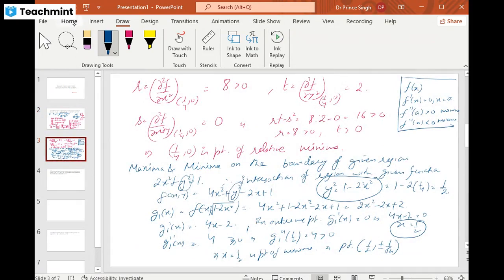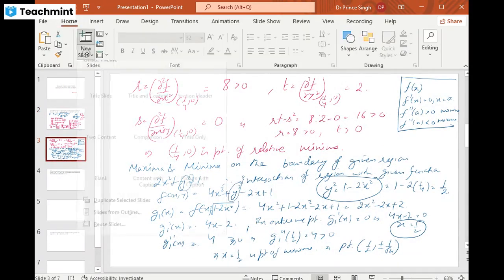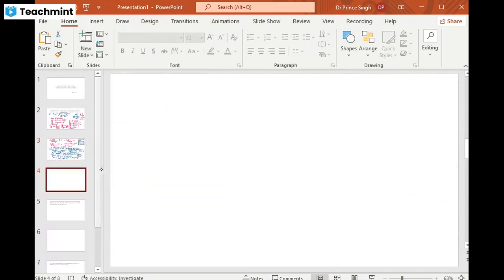Now, apart from this, we want to find the absolute maximum and minimum. Absolute maximum and minimum means we are going to consider all the points, the vertex points as well as the relative maximum and minimum points. Where the function attains its minimum value, that is called the absolute minima, and where the function attains its maximum value, that is called the absolute maximum, right?